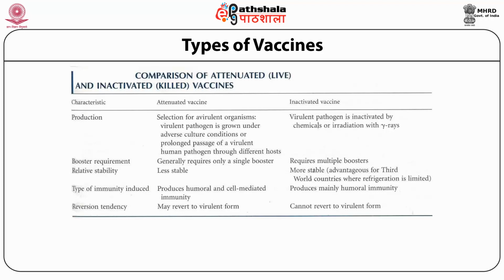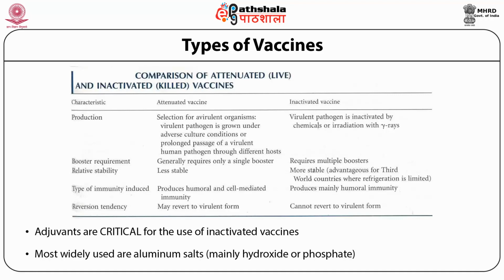Then reversion tendency is there in case of attenuated vaccines, whereas in inactivated the reversion is not there. Now, one thing which is critical in case of inactivated vaccines is adjuvants, because the immune response is comparatively weaker. So they are generally added into inactivated vaccines, and most widely used are the aluminum salts.